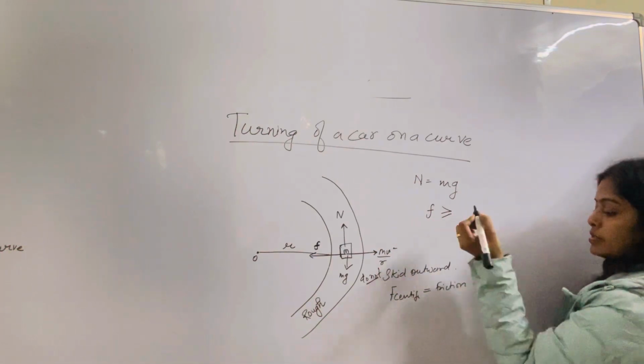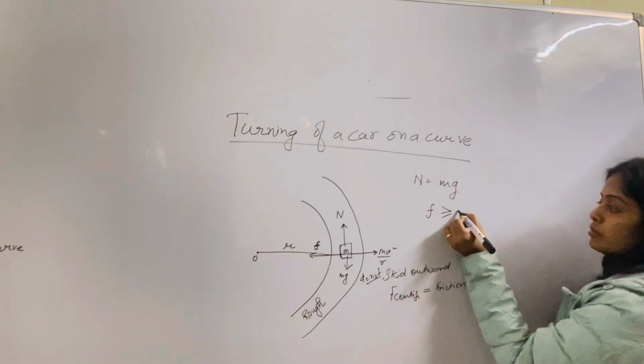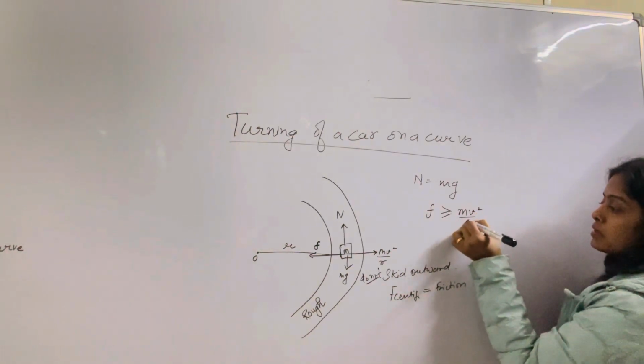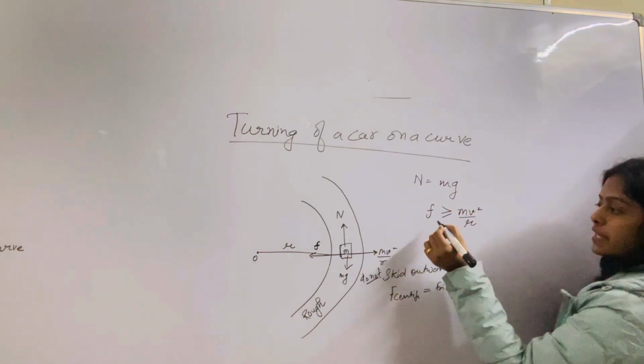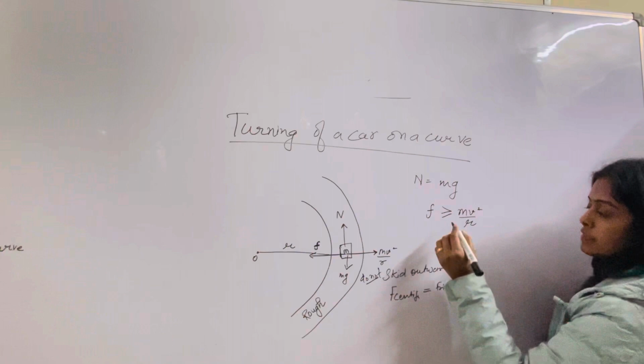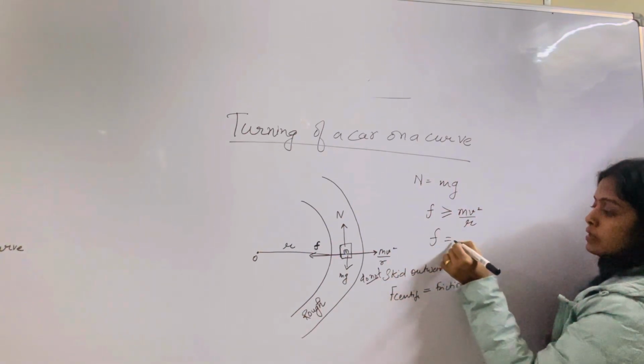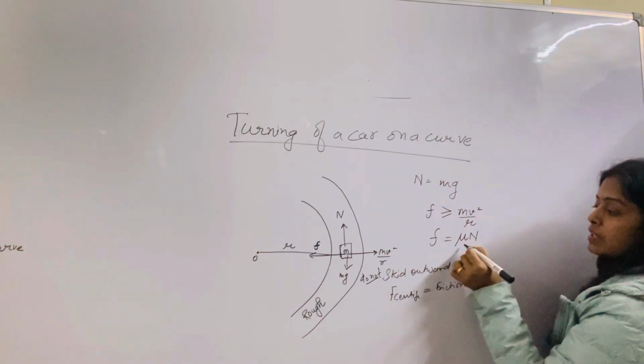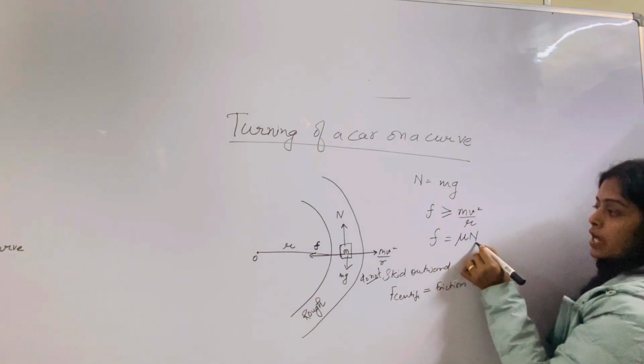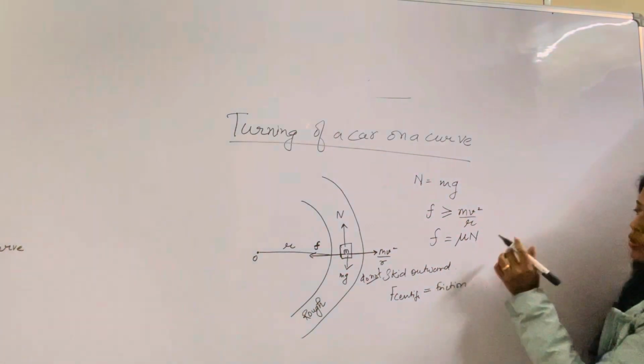So the frictional force should be greater than or equal to the centrifugal force in a limiting case, and the frictional force is given by the coefficient of friction times the normal force.